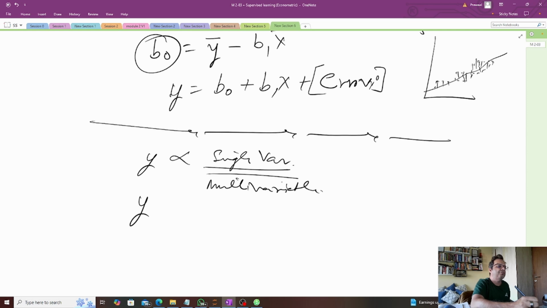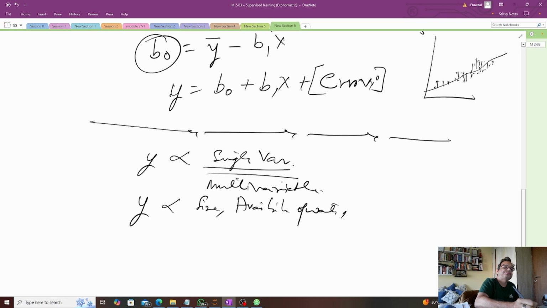It's a function of the size of the field, the availability of irrigation, the weather in that area, and the amount of fertilizers or pesticides that you put, etc., etc. So your output is not a function of a single variable, but a function of multiple variables.